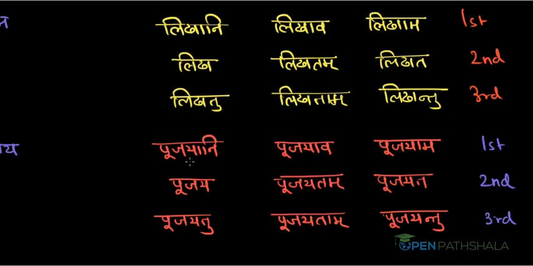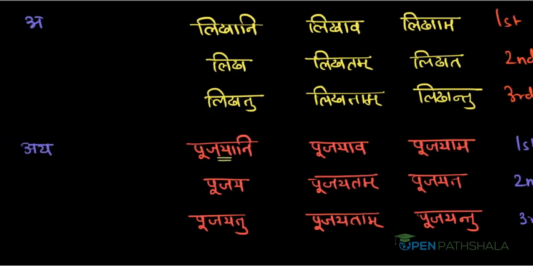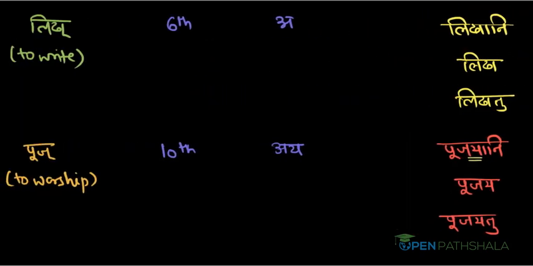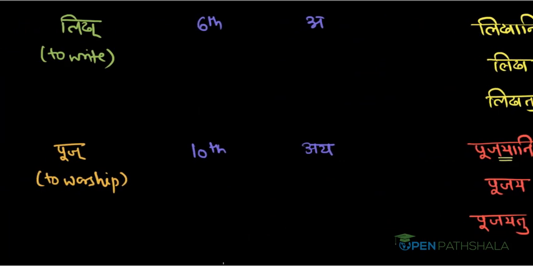Here vikarana pratyaya aya of the 10th group is seen to be added. So the forms will be pujayani and not pujani. Aya should be added to the root when we make the imperative mood form. So in this way, roots belonging to the 10th group will also have similar imperative mood forms.